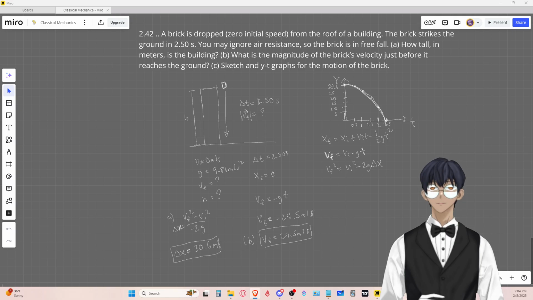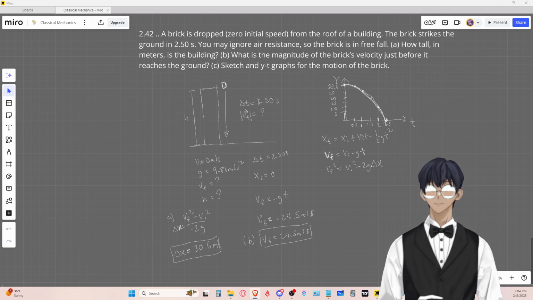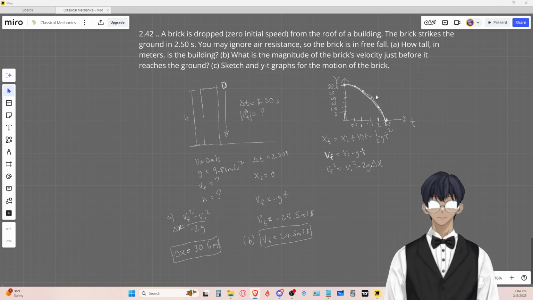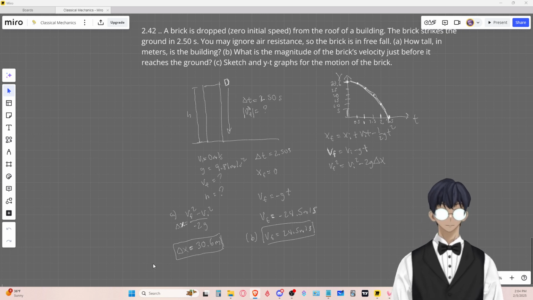This one is motion with constant acceleration. Let's try this problem. It looks fun, but it's a pretty long one. Let me grab my pen.